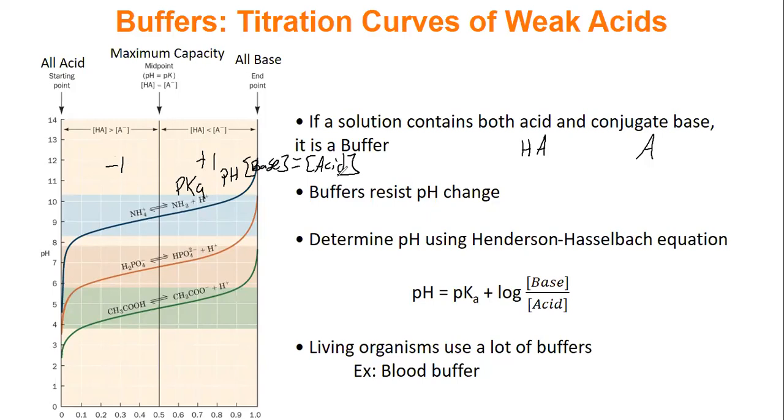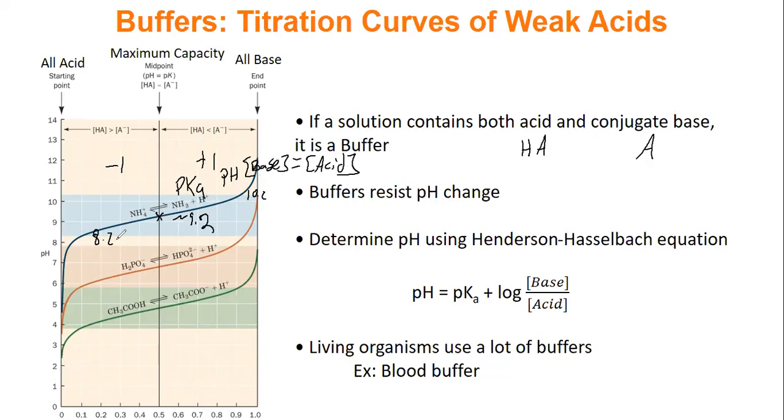So if you want to make a buffered solution that has the maximum range of pH it can buffer, you want to ensure that the buffer has equal parts base and equal parts conjugate acid. Then you get +1, -1 pH. For example, NH4 on the chart roughly has a pKa of about 9.2. So its buffer range is roughly 8.2 to 10.2.